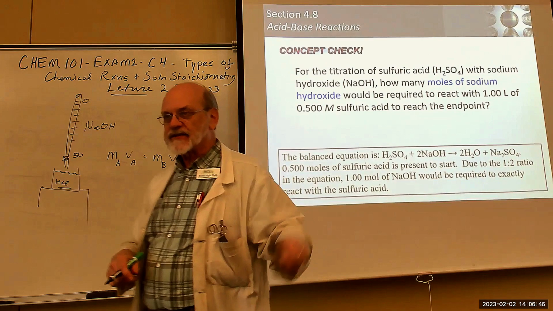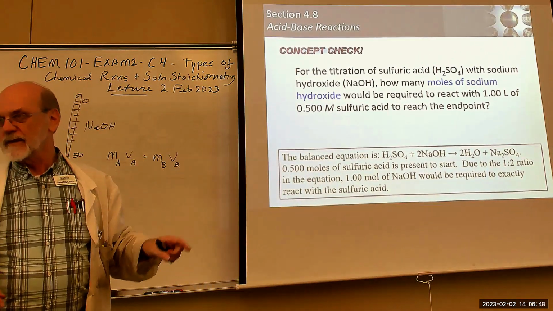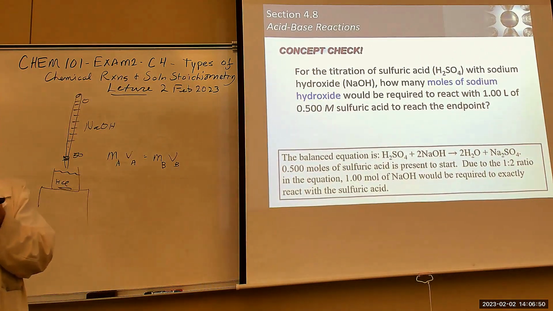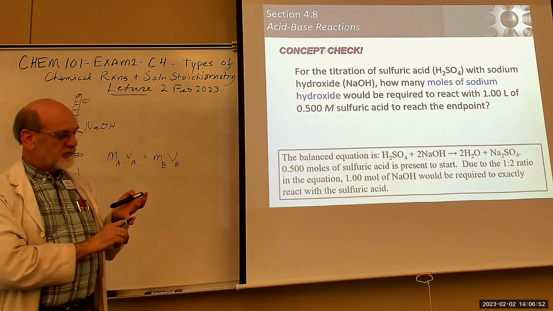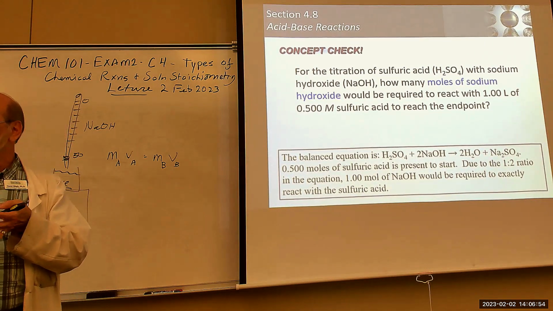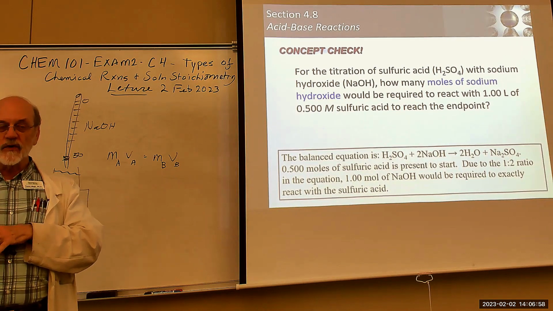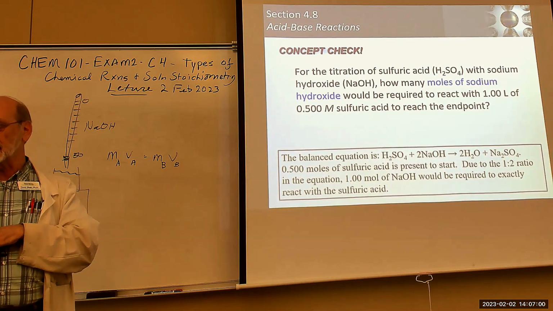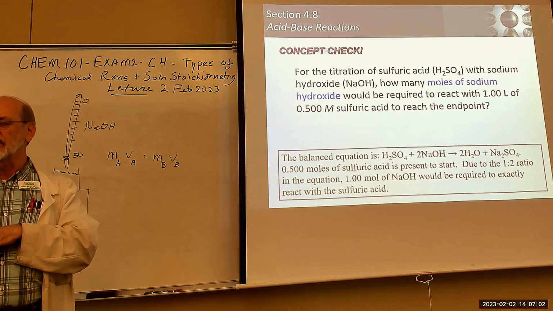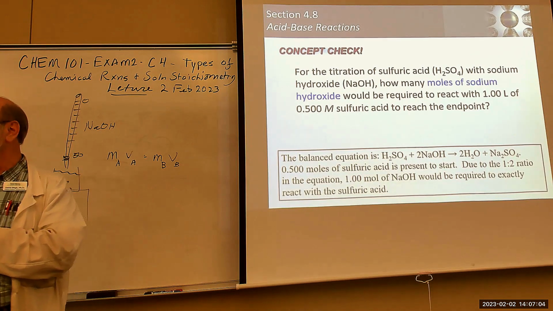In chemistry, that's the definition of a salt. You combine the cation from the base and the anion from the acid, that's a salt. It doesn't have to be sodium chloride. It could be any combination of cation and anion from an acid-base reaction.